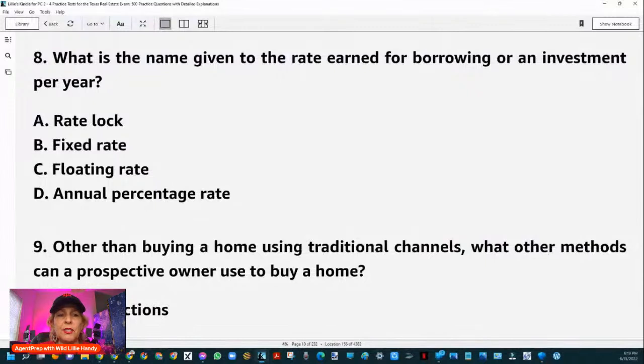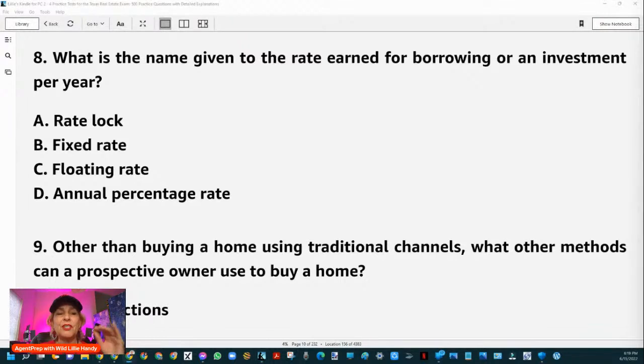What is the name given to the rate earned for borrowing or an investment per year? A, rate lock, B, fixed rate, C, floating rate, or D, annual percentage rate?